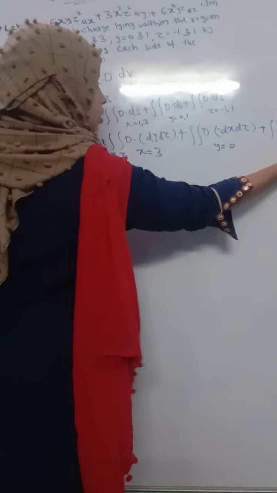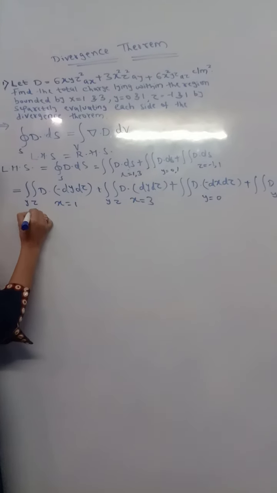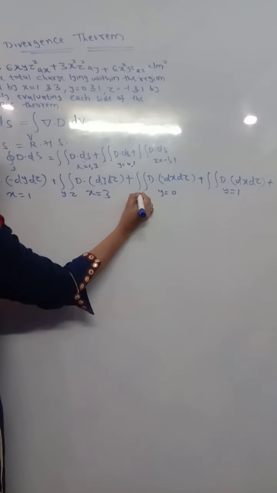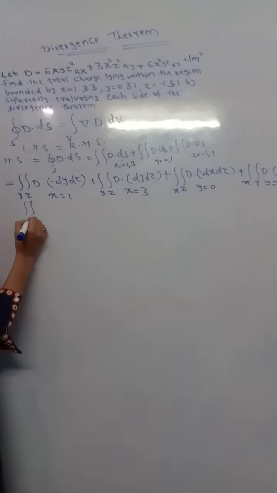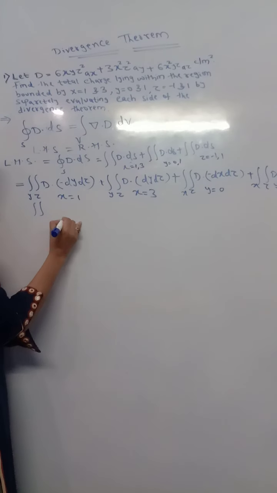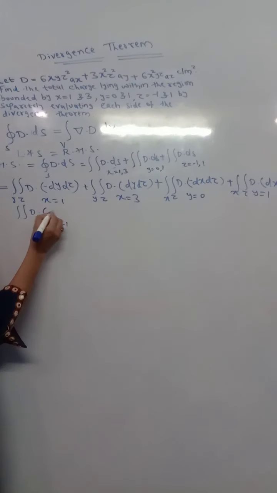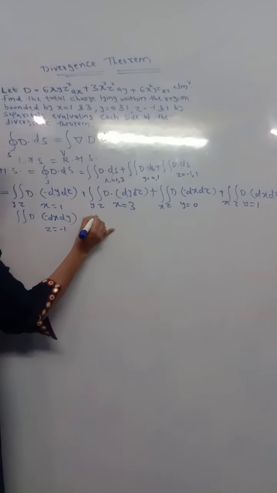Plus, I am taking again a double integral. You write these for x and z. The last part you write for z, z equal to minus 1. So D dot dS will be, with x and y, but in the minus form.